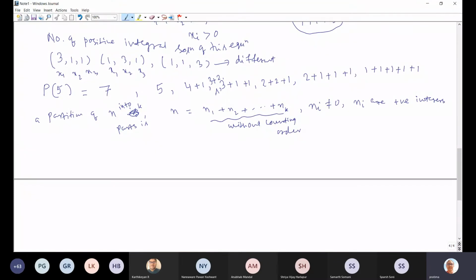In terms of a recurrence relation we may have a representation for P, but in general we cannot have a formula in terms of n only. So let me introduce one more notation associated with partitions of a number.